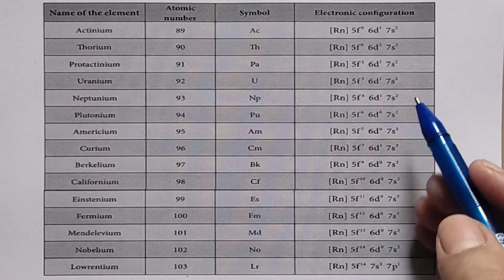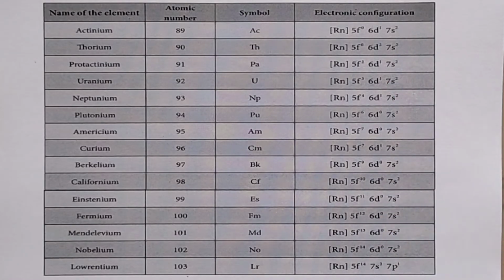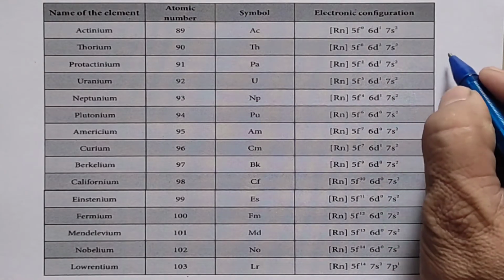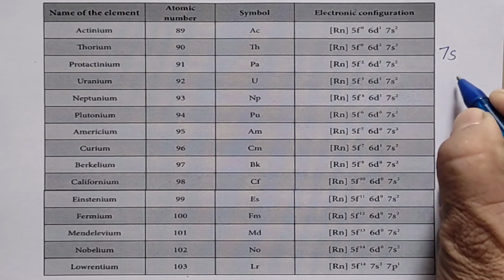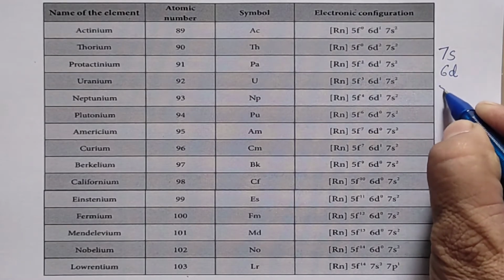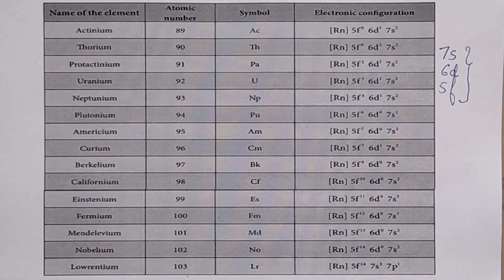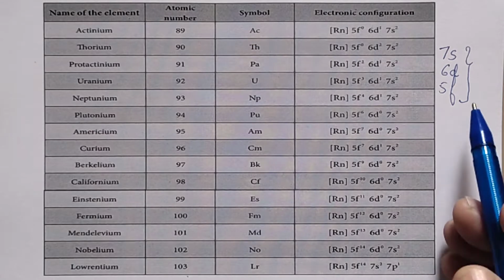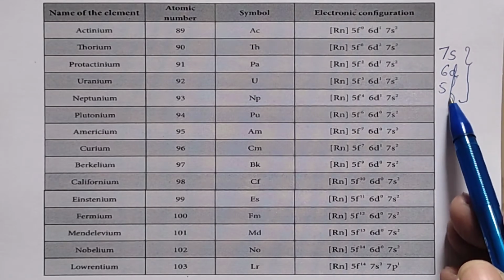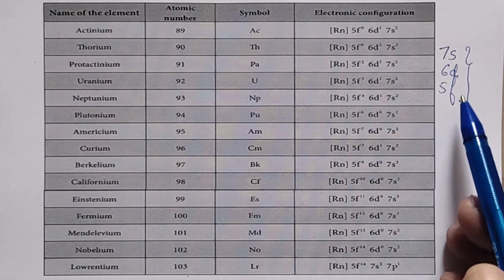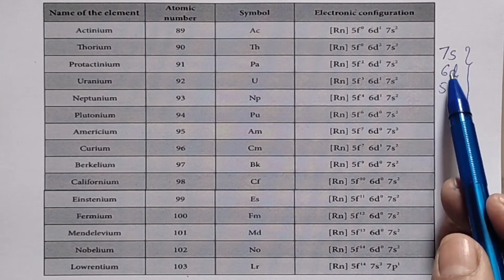The reason why they are having so many abnormal configurations is that the valence orbitals 7s, 6d and 5f have comparable energies. So when they have comparable energies, all can take part in the bond formation. At times one of the orbitals particularly acquires less energy, so mainly this is not participating here.